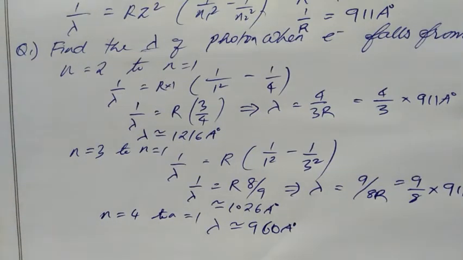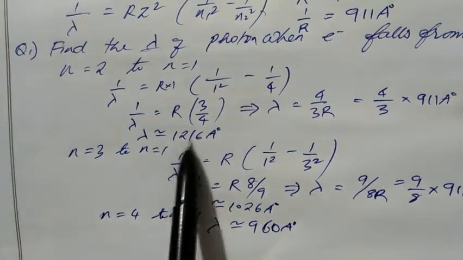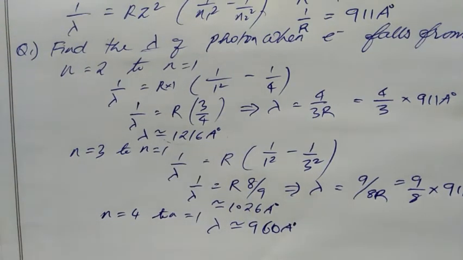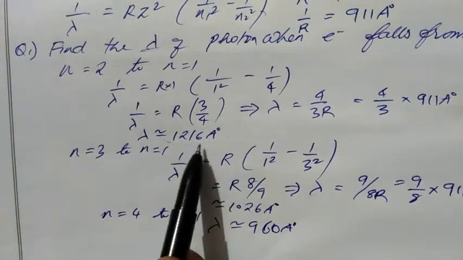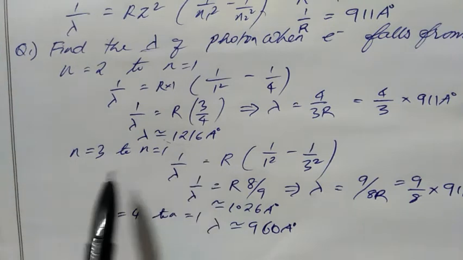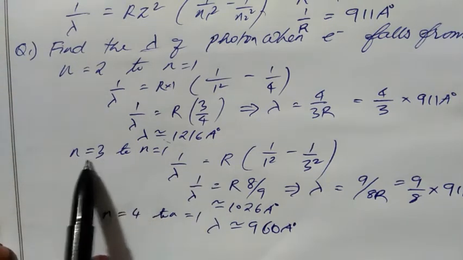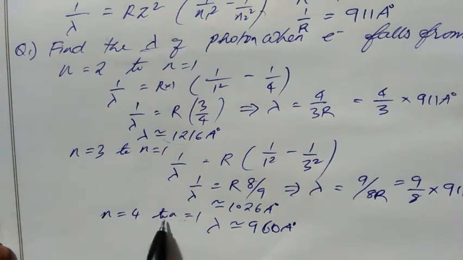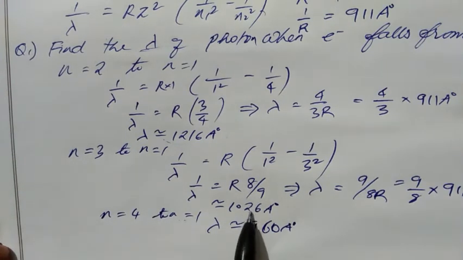If you see here, one important thing: when the electron transition distance is low, then we have more wavelength. See, from 2 to 1, the electron transition is very small, just adjacent, then we have more wavelength. But when the transition gets larger, here the difference is 2, here the difference is 3, then our lambda value gets lesser.